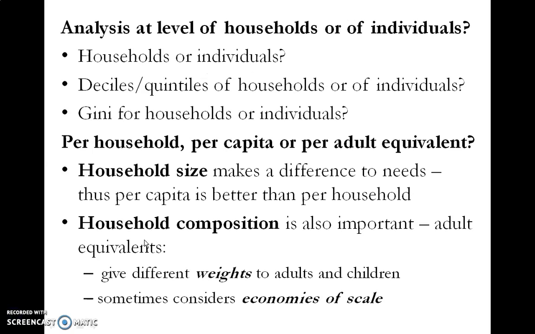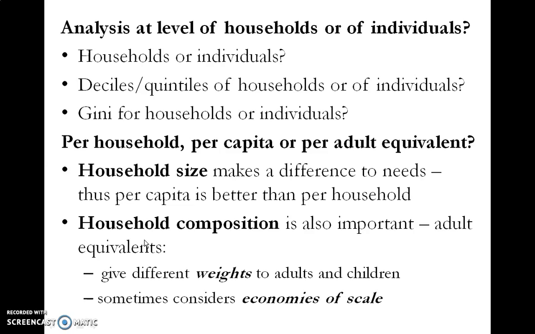In many of the analyses that you may end up doing, you also need to make a call about whether you are going to do the measurement at a household or individual level, whether you're looking at deciles or quintiles, or whether you are constructing a Gini coefficient. Is this for a household or is it at an individual level?